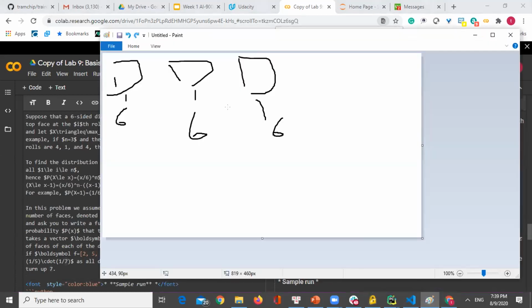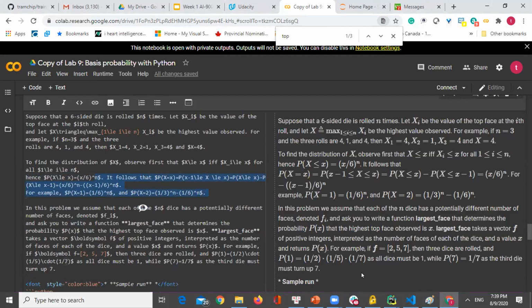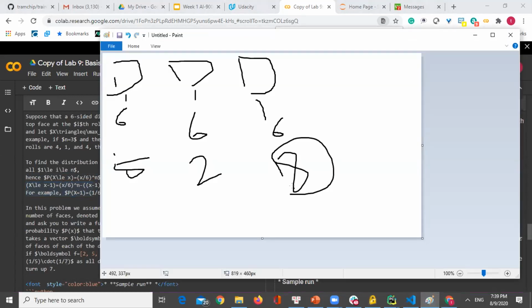So okay, if I have 3 dice, if I roll, the first one is 5, the second is 2, the third one is 8. So what does it mean by at the top? Is it 8? Is it the first one, 5? I don't understand that part. I don't understand your question. What you should keep is that there are a certain number of dice, for example, 3 dice as in the example.